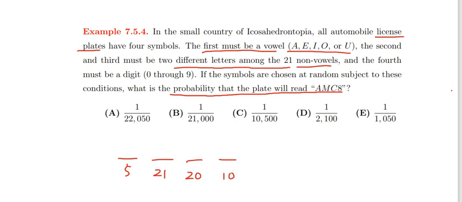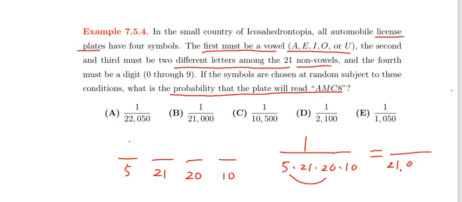So this equals just 1 over this, 1 over 5 times 21 times 20 times 10. So we say this times this 200, 100, so here 1,000, so this is just 21,000.